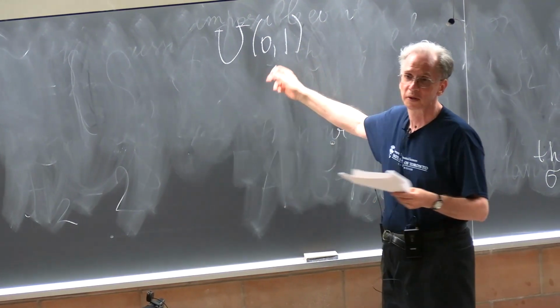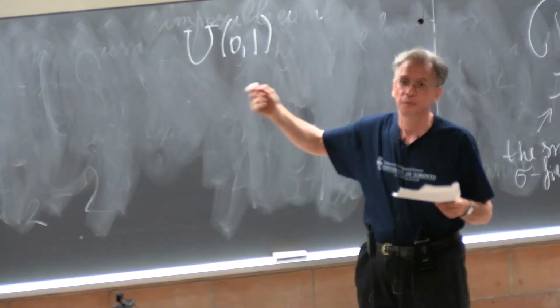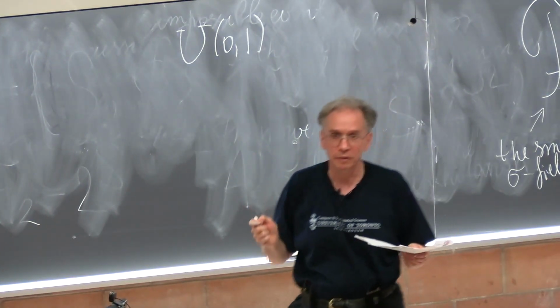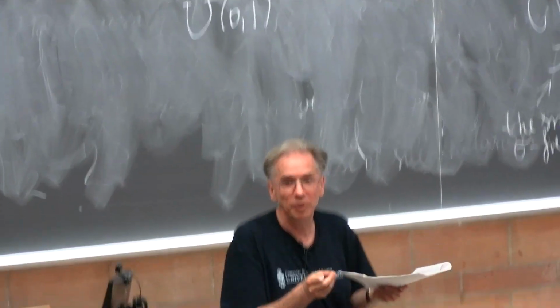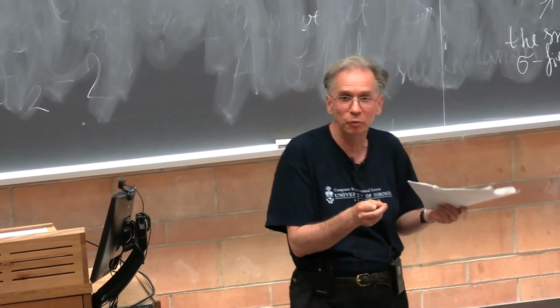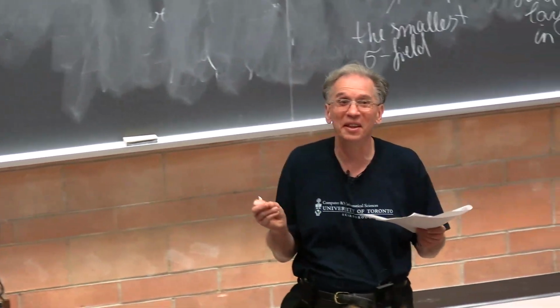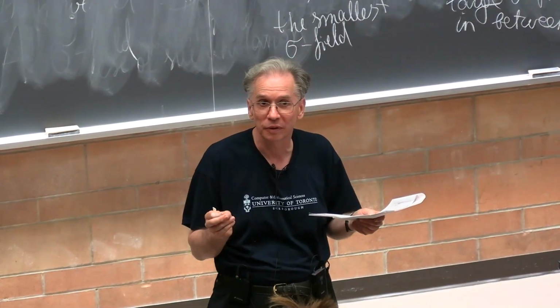So for this distribution on 0-1, on the unit interval, the probability measure for a certain interval from 0-1 is just the length of the interval. Yeah?